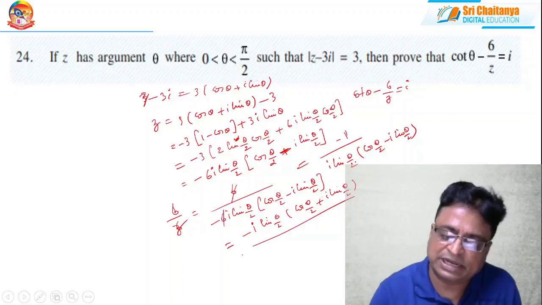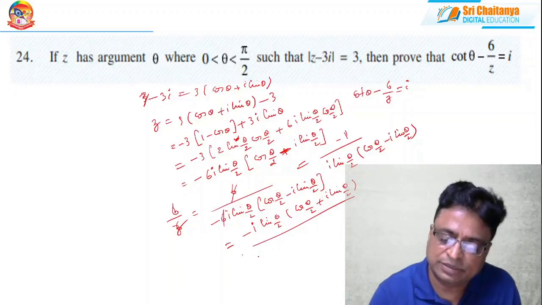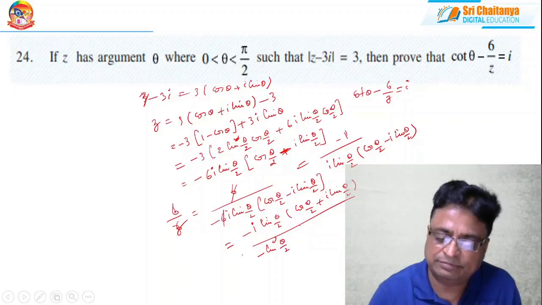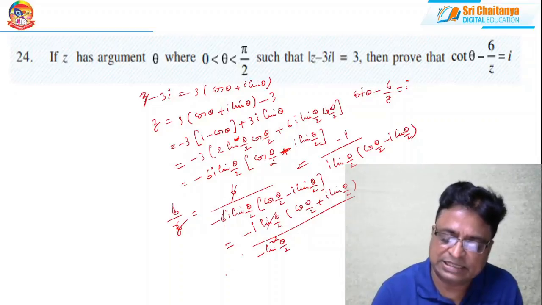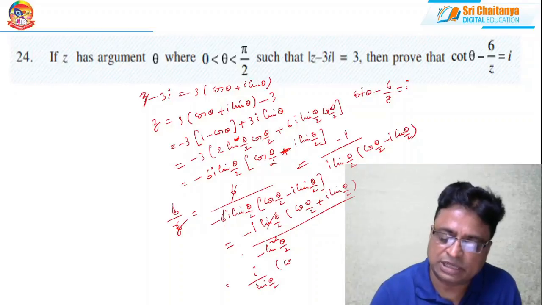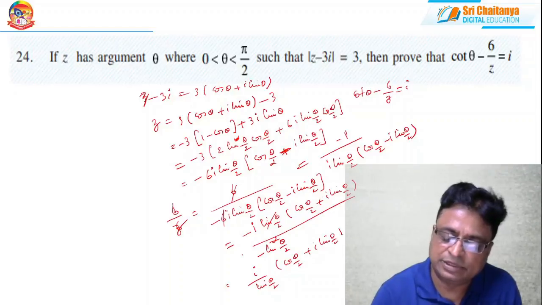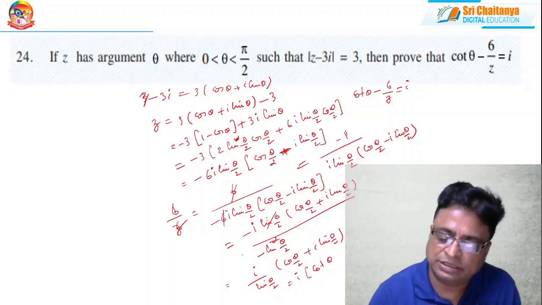You just multiply with i square, it is minus 1 minus sin square theta by 2 into this is 1. So again it cancelled. So i by sin theta by 2 into cos theta by 2 plus i sin theta by 2. You can write this as i into cot theta by 2 plus i.